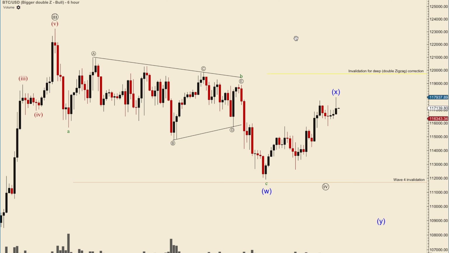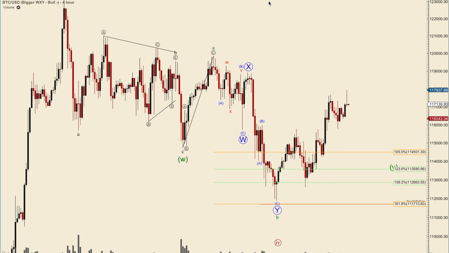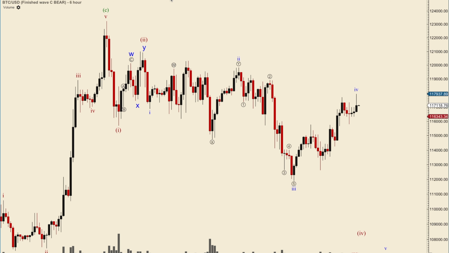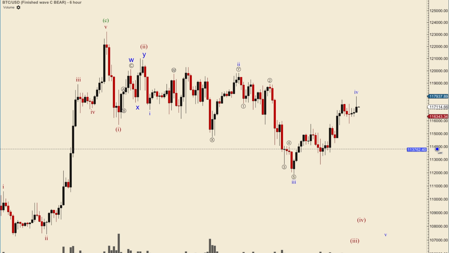So yeah, those are basically the scenarios, because if we count this as a finished wave C here, and we are looking for a bear market, we need to start the bear market either with a diagonal or an impulse, and this doesn't count well as a diagonal at all. It doesn't fit the rules because of the contracting lines and whatnot.